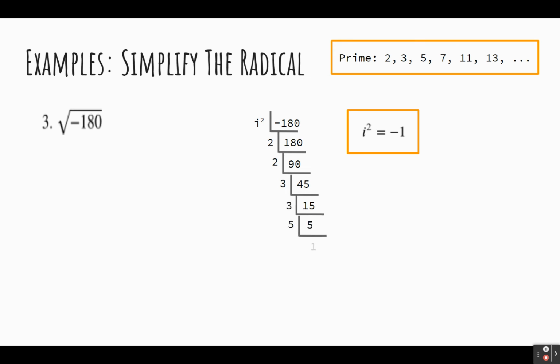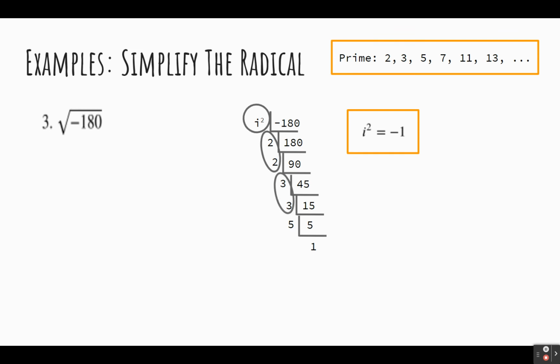and then a 5. Now, if you divided by prime numbers in a different order, eventually you would still get these same prime numbers, 2, 2, 3, 3, and a 5. Maybe not necessarily in that order, but it will come out the same. Now look for your pairs. We have a pair of i's, a pair of 2's, a pair of 3's.